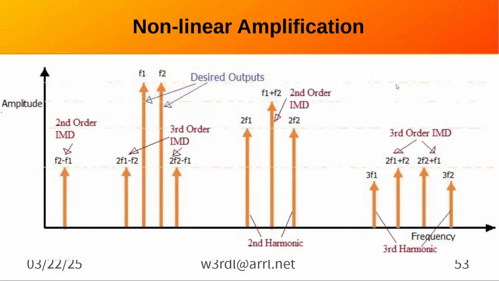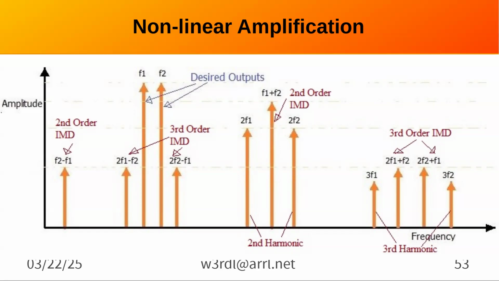So if we look at one of these things where it's showing all of them, we have two signals, F1 and F2. This is probably a result of, well, there's two signals you're receiving, or maybe you're doing a two-tone test, which is one way to check for these things. So you've got the two different signals. Well, it turns out the third order intermod is going to be twice F1 minus F2 or twice F2 minus F1.